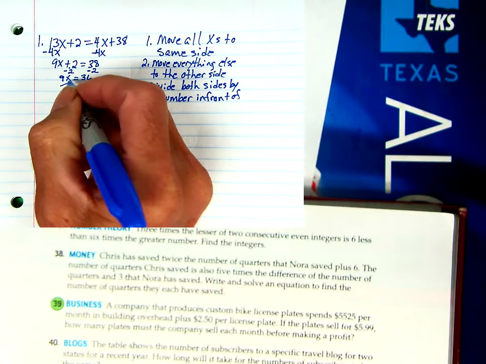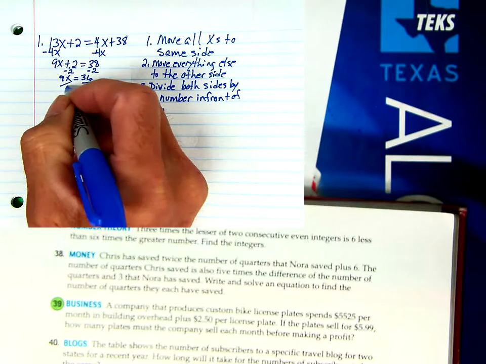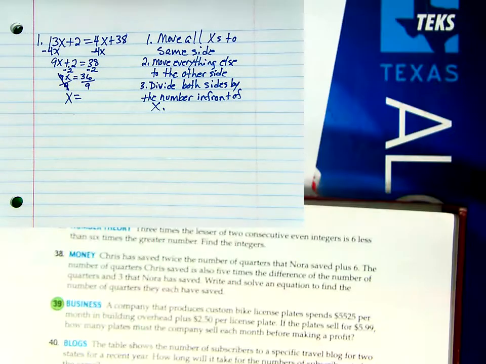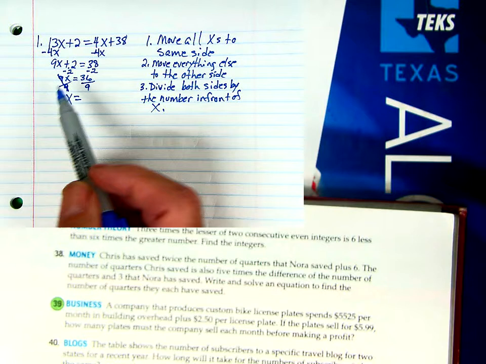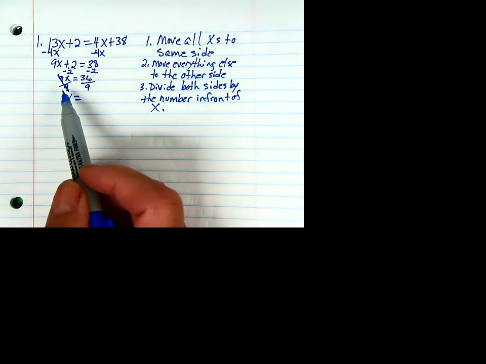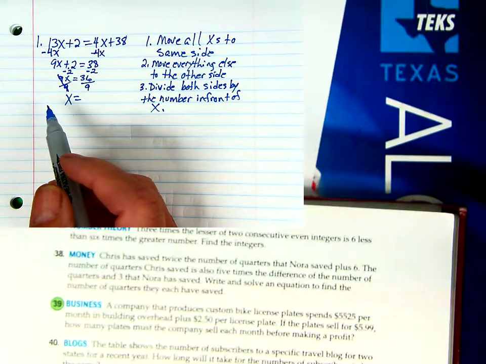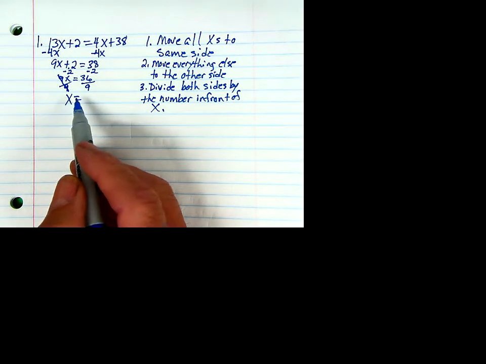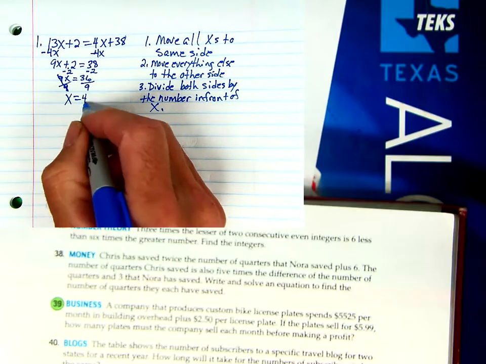So I draw my divide sign on both sides. The 9s, we say the 9s cancel out. They actually reduce to the number 1, 1x. So 1x equals 4.